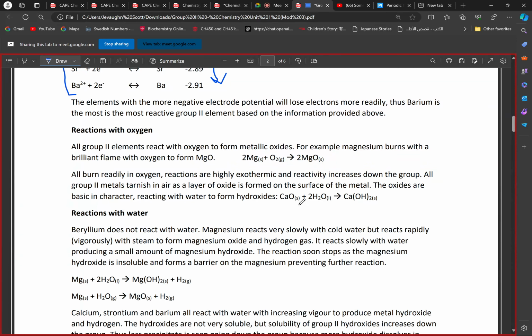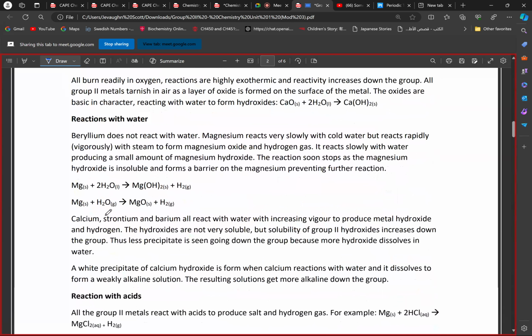So lime in water gives us lime water; calcium oxide in water gives us calcium hydroxide. The reactions of the metals directly with water, not their oxides, will give us hydroxides, because they're alkaline earth metals. We know that they will form basic hydroxides in water.